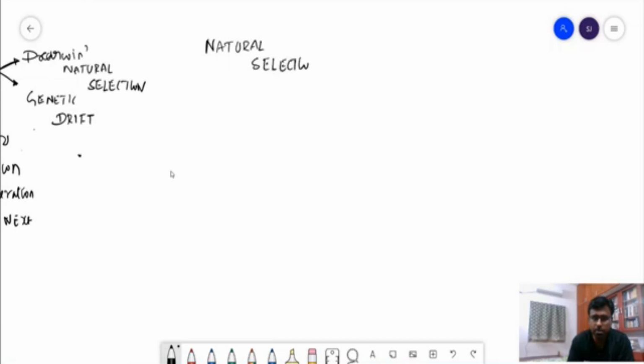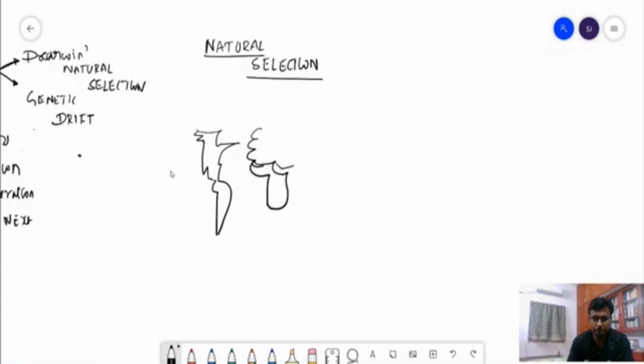I'll take the same example of skin color. You would know that human beings originated in a place called Africa.